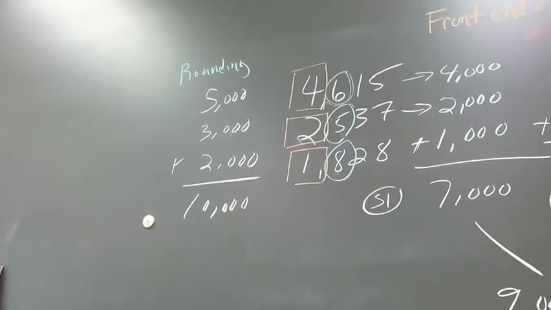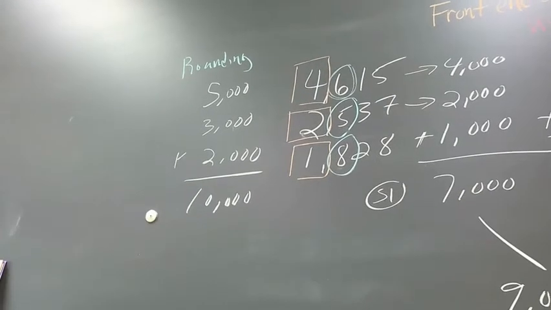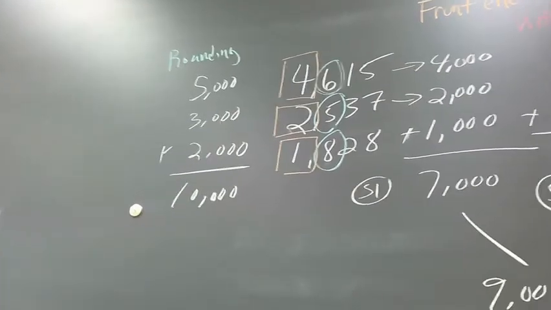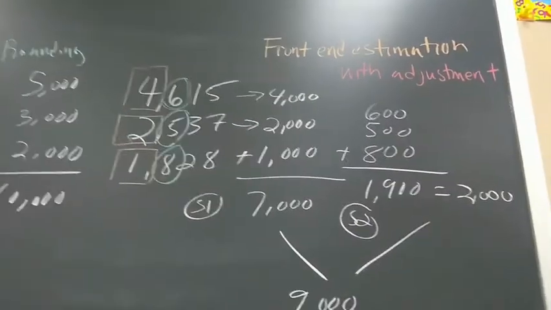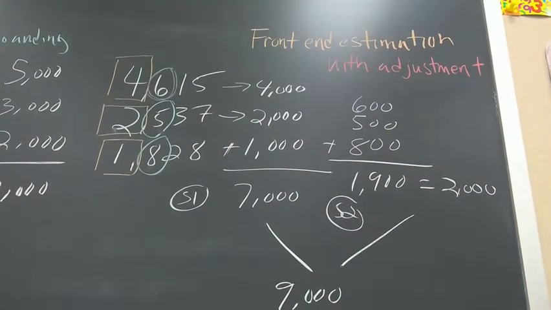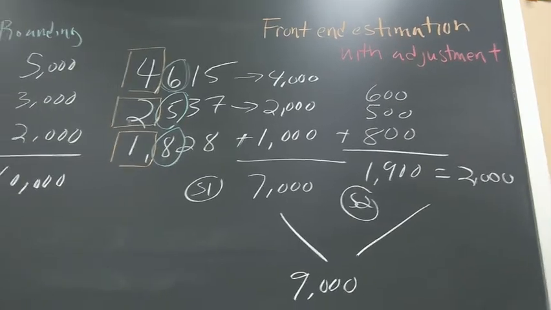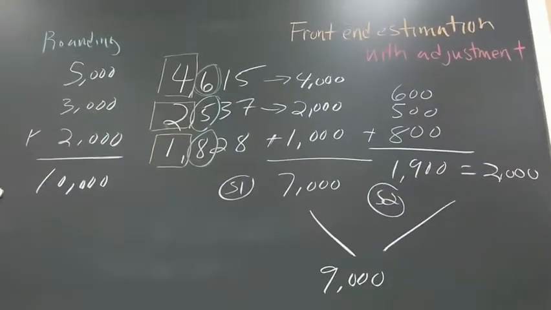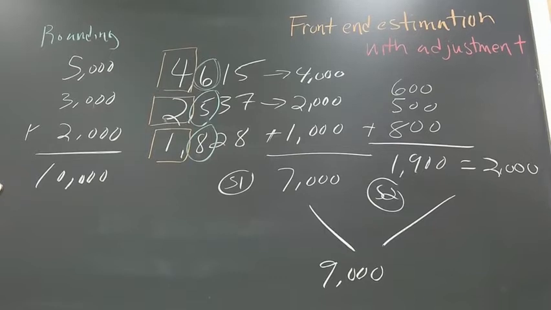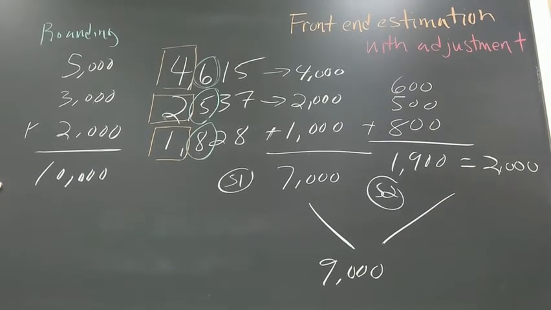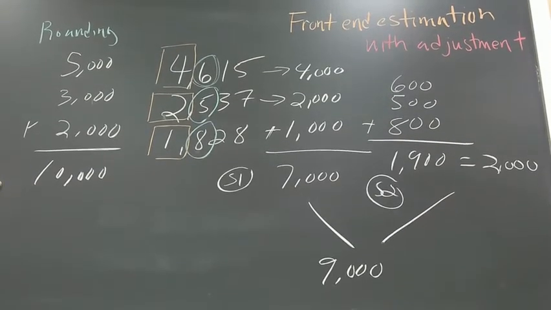Again, on the left, we have rounding. We got 10,000. On the right, we have an example of front-end estimation with adjustment. And now we're going to do the actual and see which of these two methods of estimation was more precise.